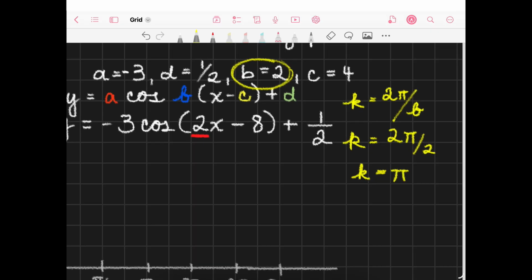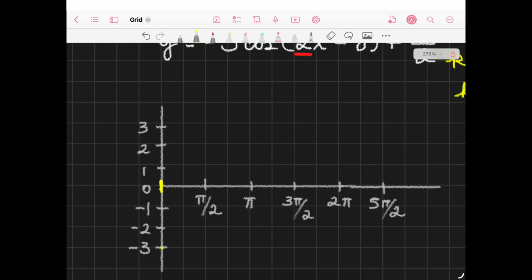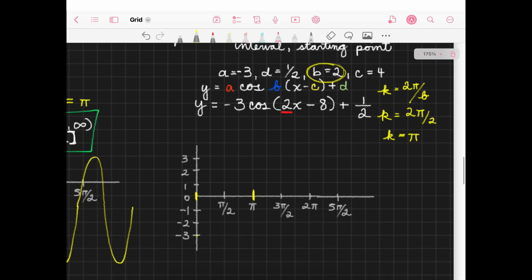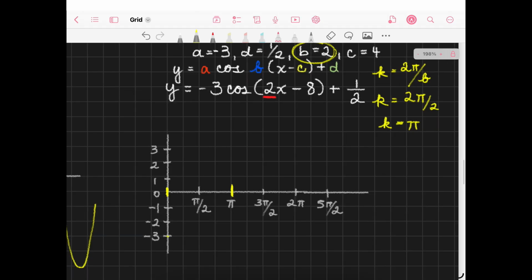So our period would be, on the x-axis, from 0 to pi. And we know when we graph a cosine, we start with the amplitude. So from negative 3 until here, negative 3 to positive 3.